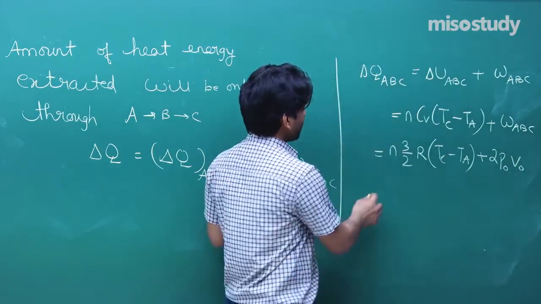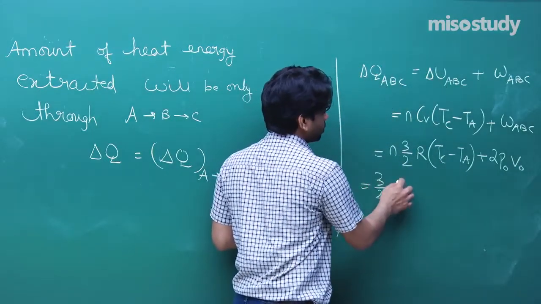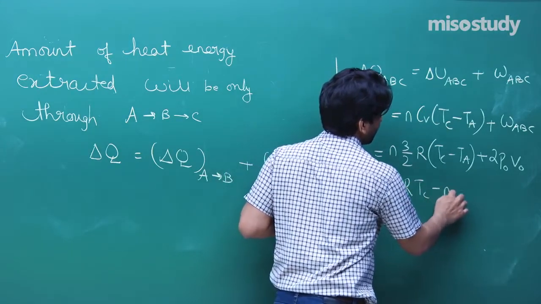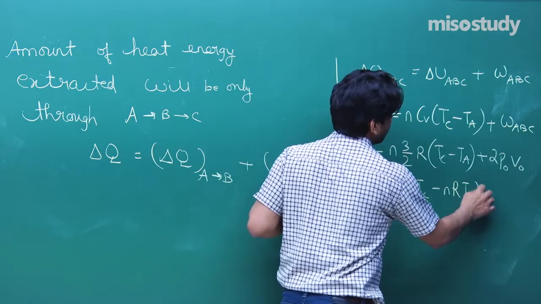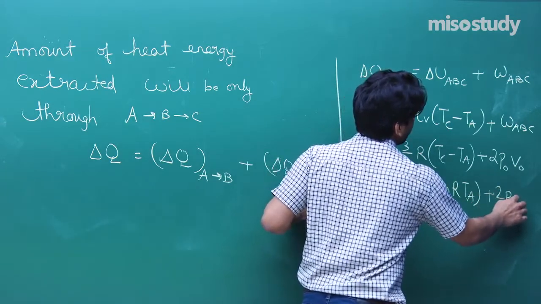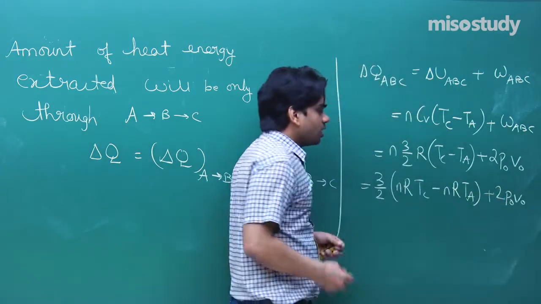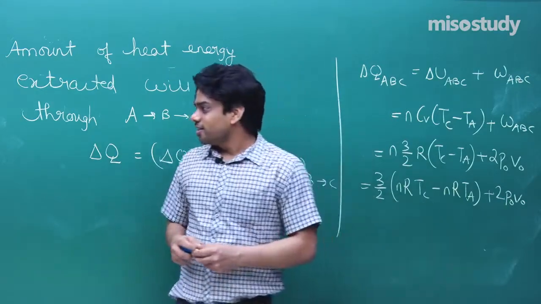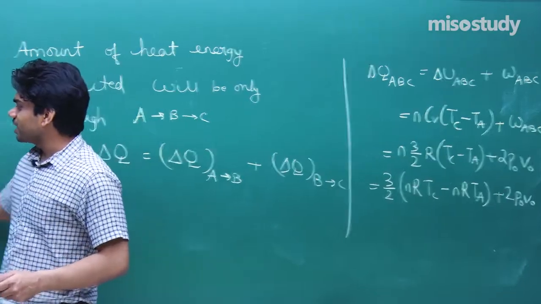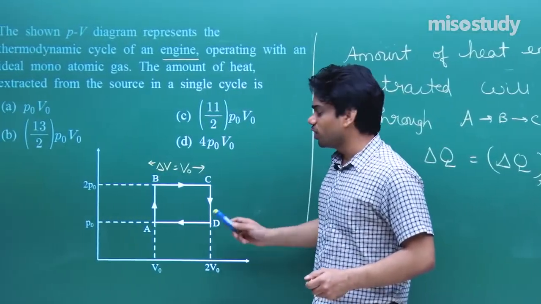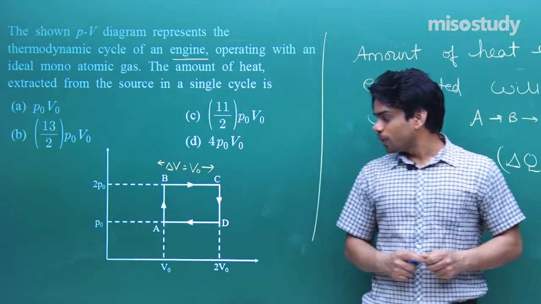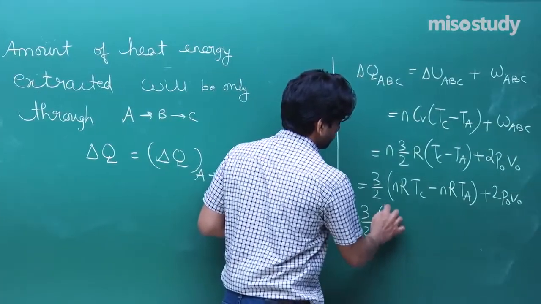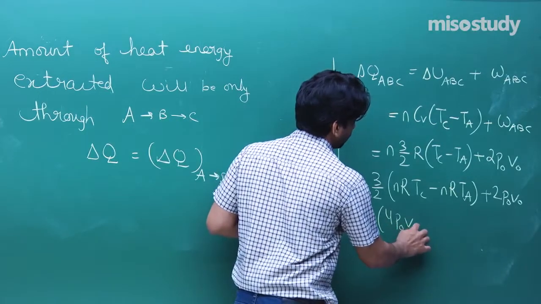Now just let me write down here 3 by 2 keeping outside, and nR TC minus nR TA plus 2P0 V0. nRT is equal to PV. So nRTC will give us the pressure at this end is 2P0, the volume is 2V0, so 4P0 V0.